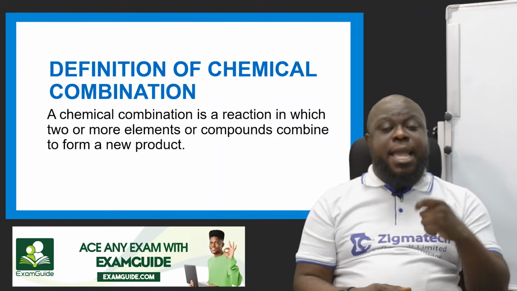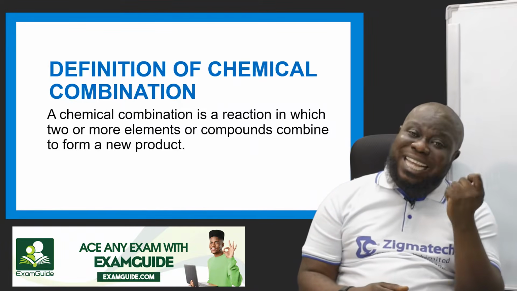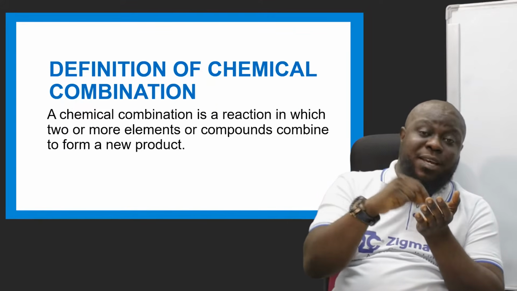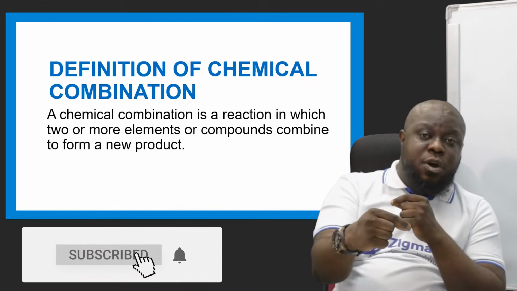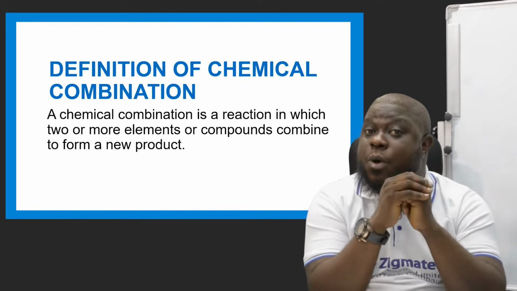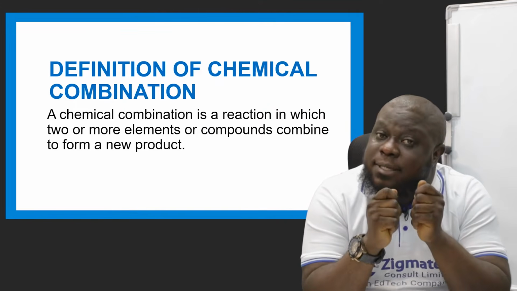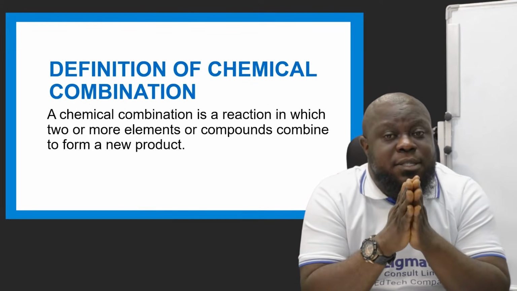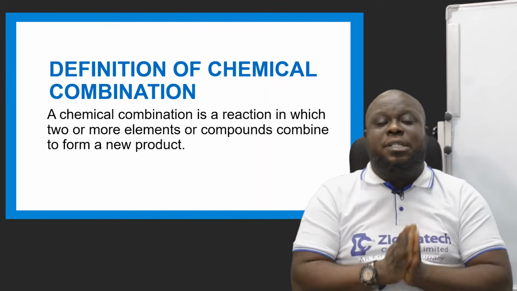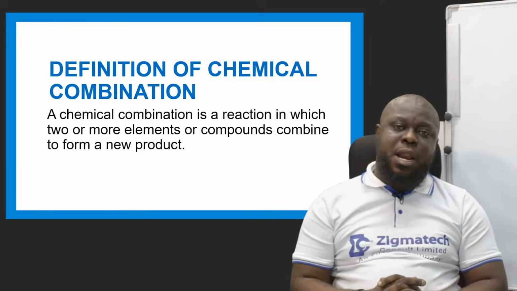I take it again: chemical equilibrium is attained when the concentrations of the reactants and the products are constant. If both of them are constant, then we attain chemical equilibrium.